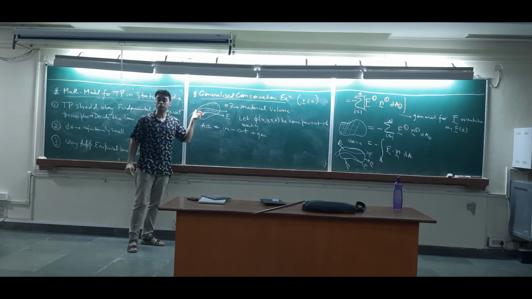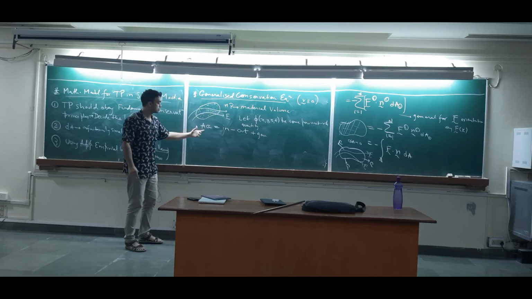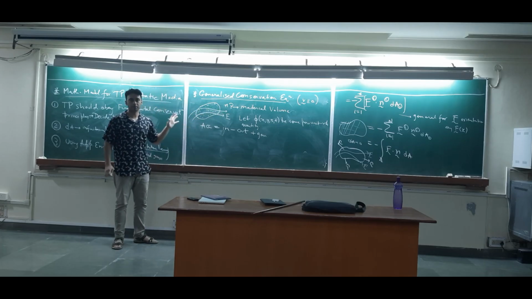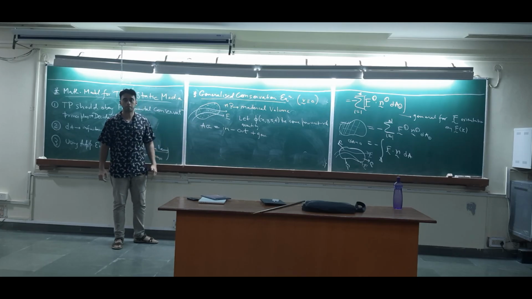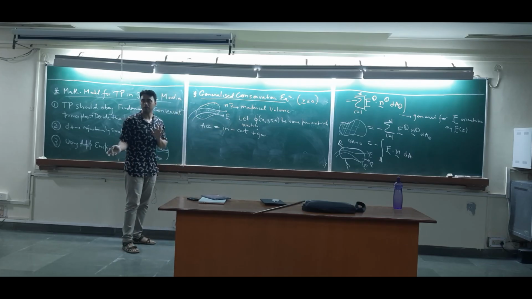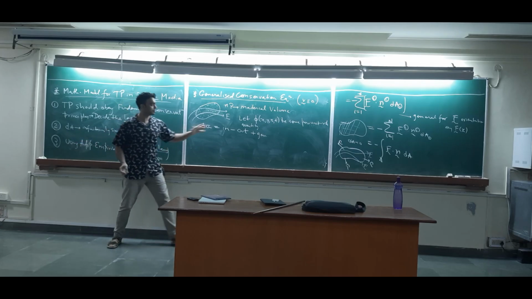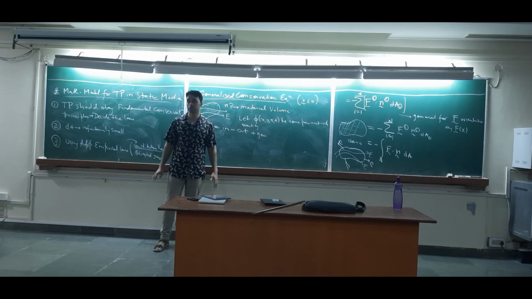But we'll apply it at this volume in which phi is a function of space and time. So can you tell me, just think a bit, what will this accumulation term be? Accumulation of this phi could be anything. We are deriving an equation, right? So it could be a transient system. It could be a function of t. There could be an accumulation.